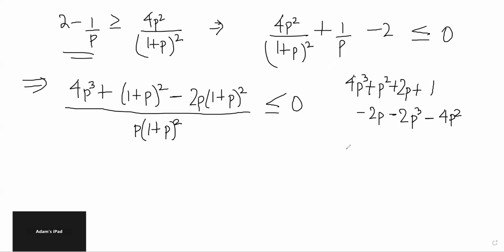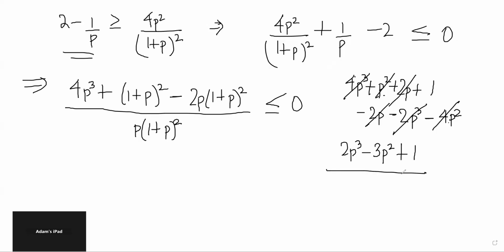So we are getting 2p cube, this and this, p square minus 4p square, so minus 3p square, and 2p is getting cancelled, plus 1, divided by p into (p plus 1) whole square. Correct?